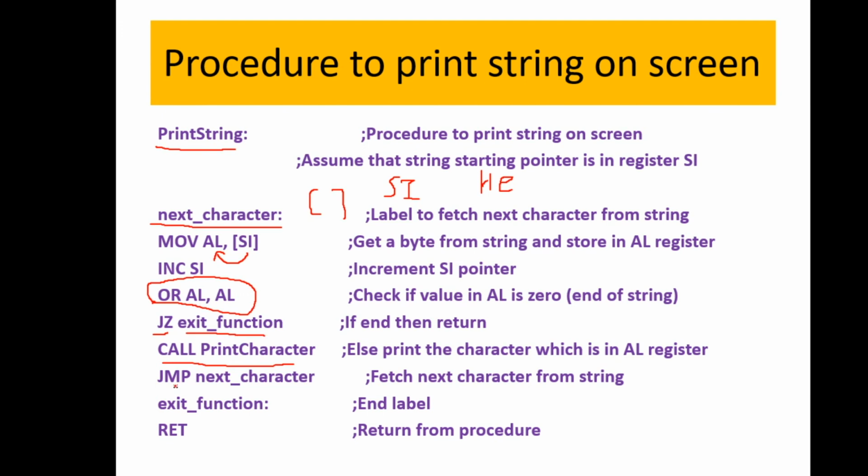Else we have to jump to the next character. For the next character, again we will be moving the content of SI and incrementing. So this is going to be a sequence of steps. The exit function will terminate it with the return instruction.